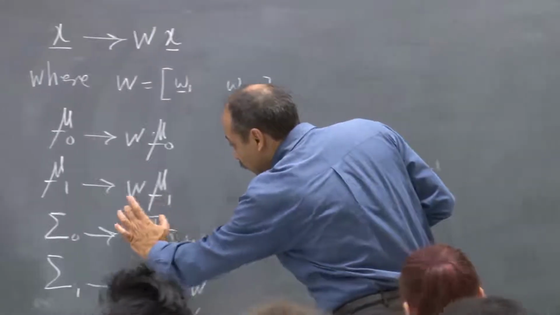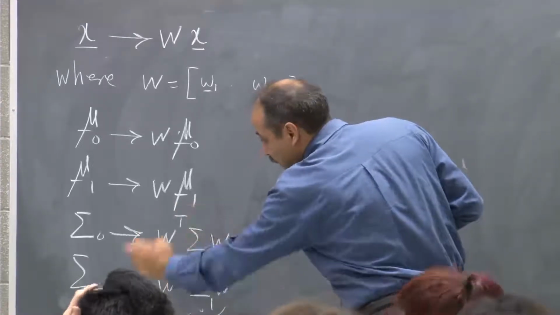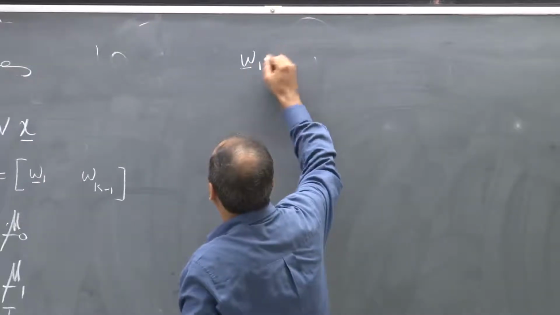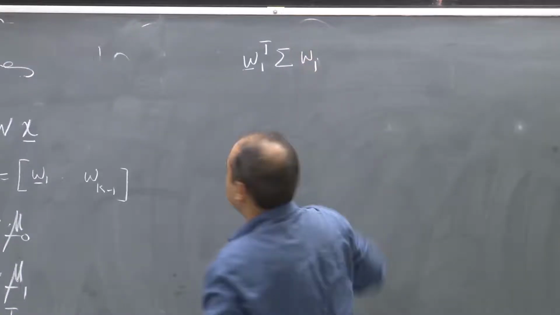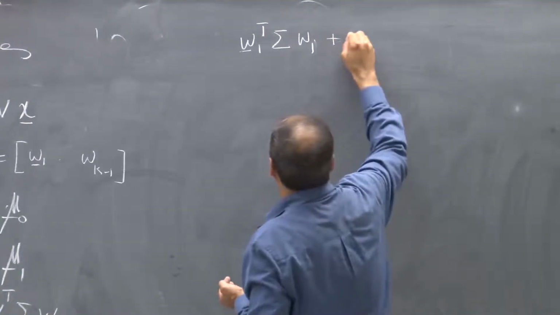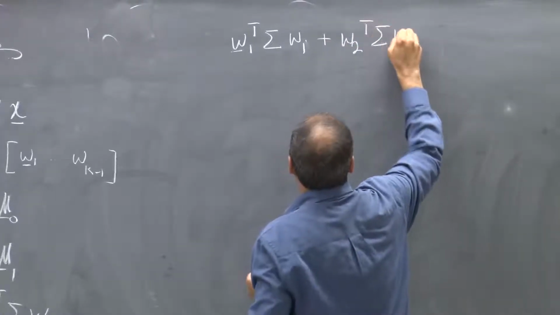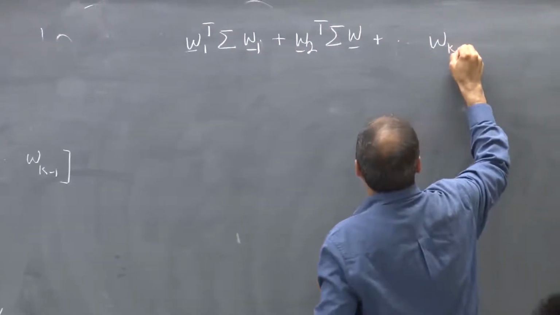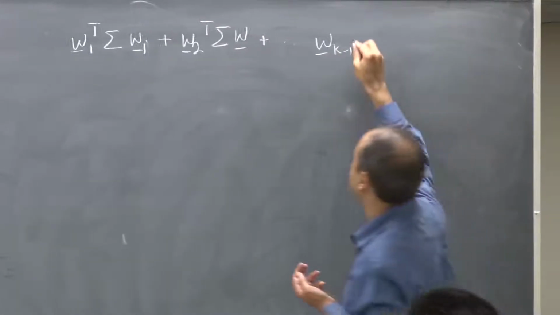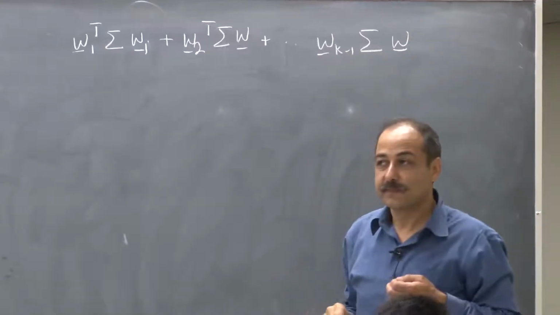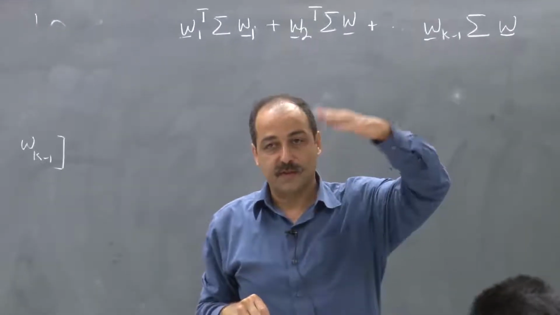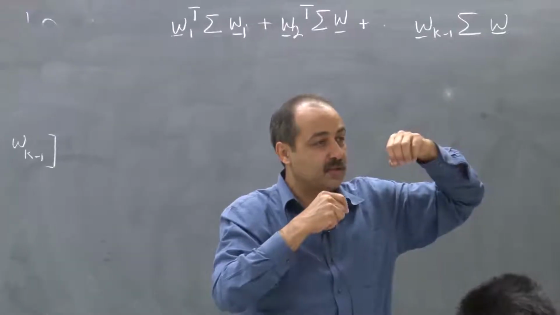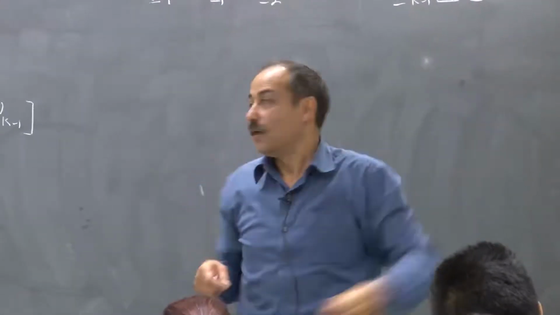So in fact, if I want to know what the variance is going to be after this projection, the variance is going to be the variance of the first direction of projection plus the variance of the second direction of variation, plus the variance of the k minus 1 direction of variation, right? Because it's not just one direction, I have a k minus 1 dimensional space. So the variation of the data is the variation in all of these directions.